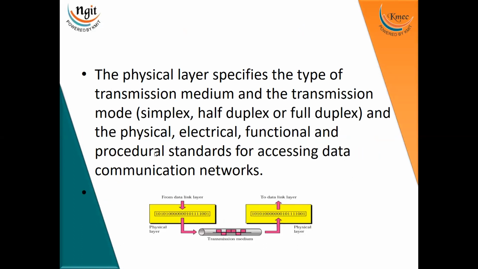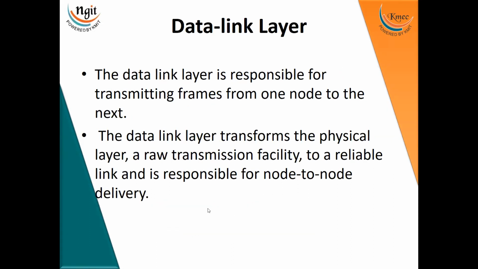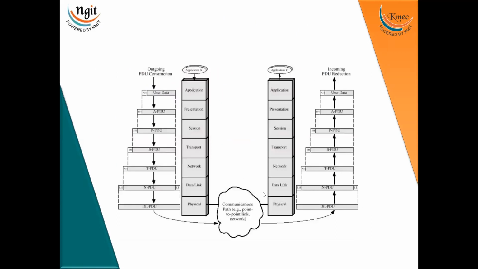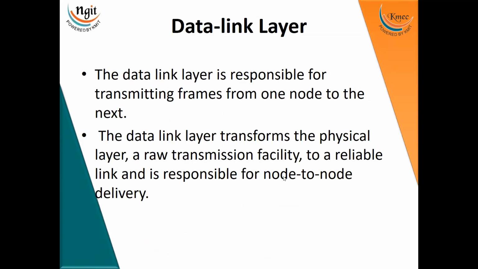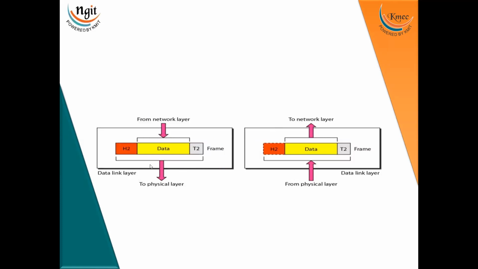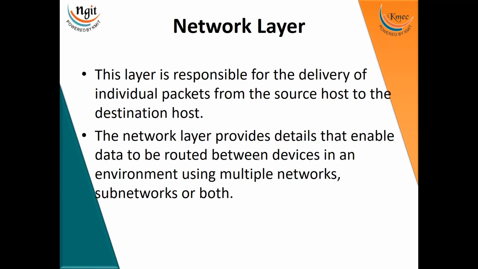When we are learning about the physical layer, the transmission is with the physical layer, and in the data link layer the data is in the form of bits. Next, what is the third layer? Physical, data link, network. In the network layer, the physical layer is completed and the data link layer is completed, and the network layer maintains how the data is going to be transmitted.